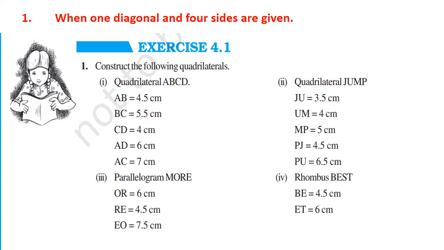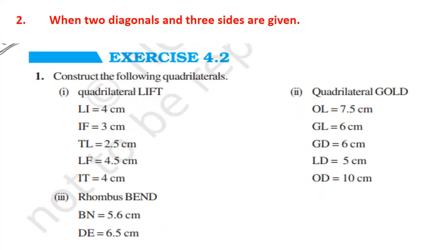So now let us move on to the next exercise 4.2. Now in exercise 4.2, in all the sub questions, 2 diagonals and 3 sides of a quadrilateral will be given. As you see, there are 3 sub questions here under question number 1 of exercise 4.2.